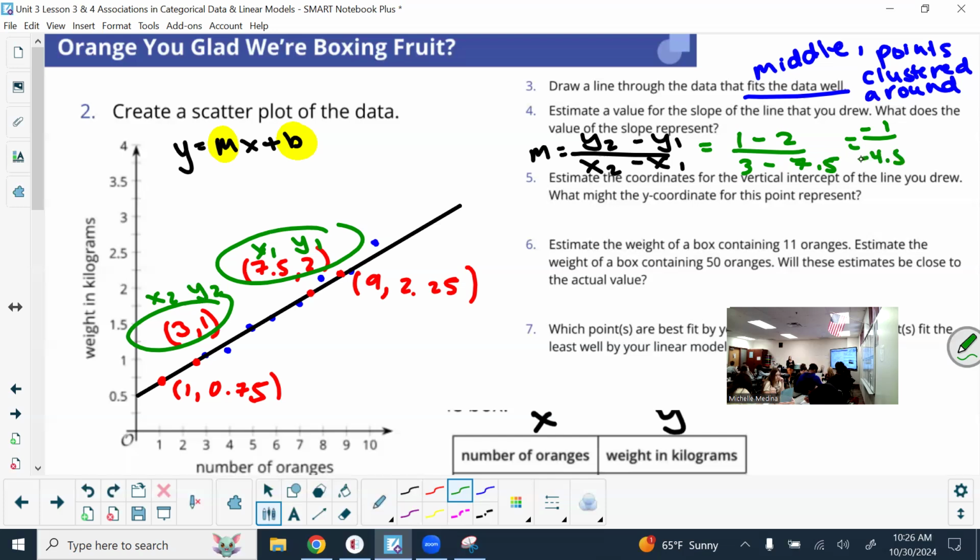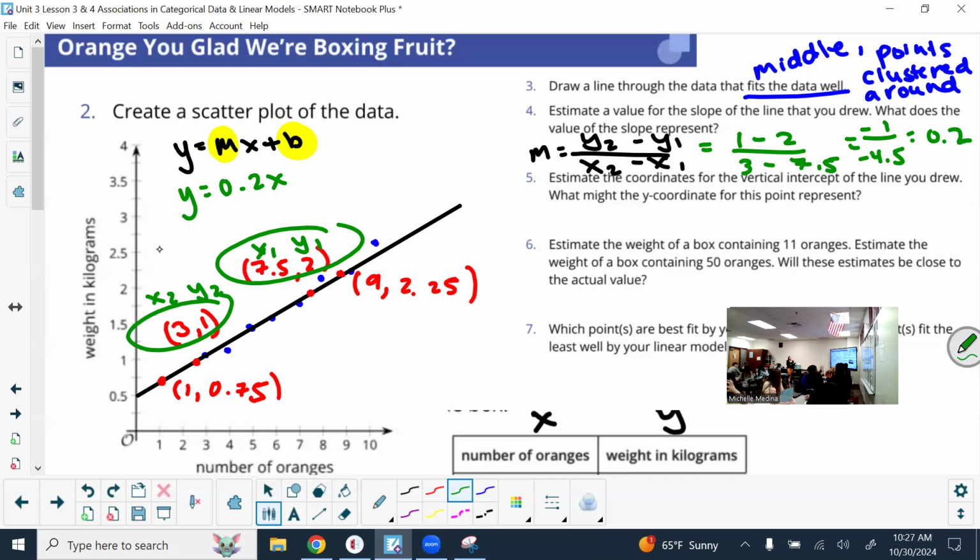Put that in your calculator. -1 divided by -4.5 is about 0.2 repeating, and it's positive. So this is me estimating my slope. When I do write my linear model, it's going to be 0.2 for the slope, and then now I just need to estimate my y-intercept.